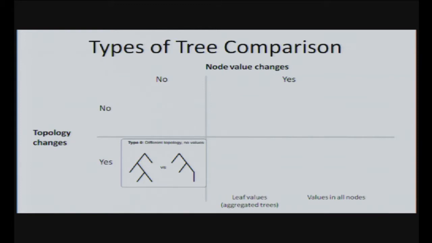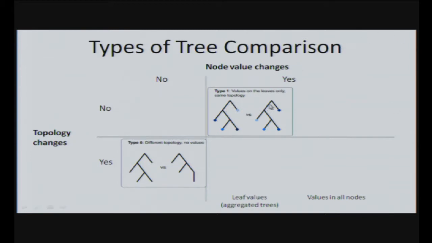So you have topology changes, where you have different actual topologies. Here we see this tree, it's got 3 levels, but this level comes down to the left and then juts off to the right. This one goes just barely to the left, then it mainly goes to the right. That's a topology change.